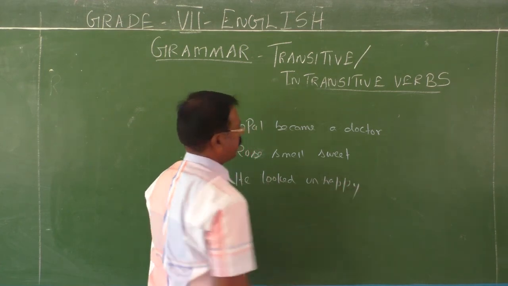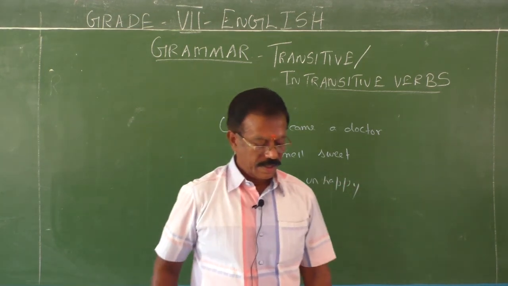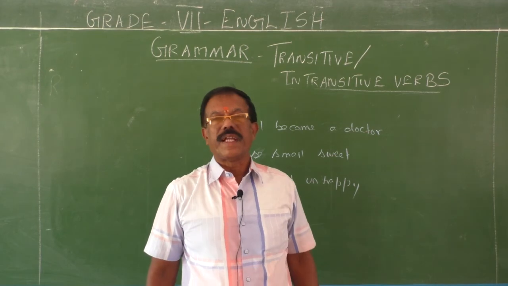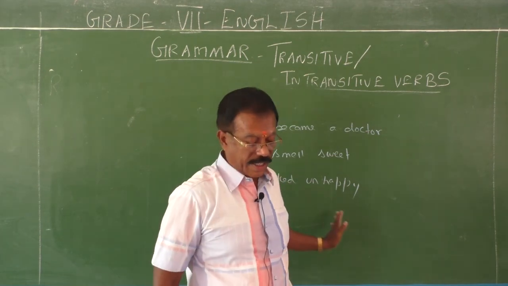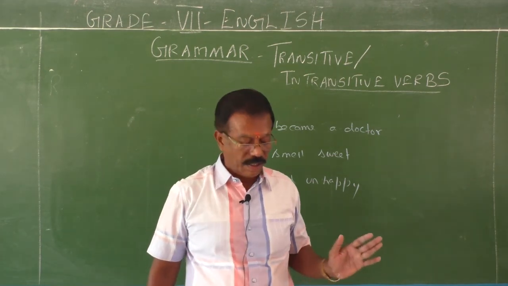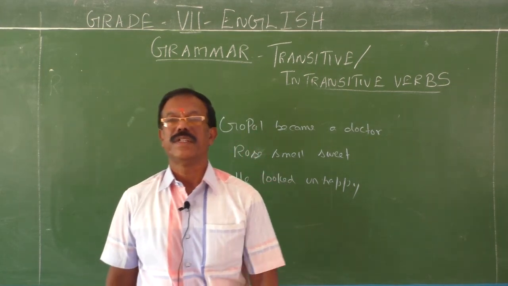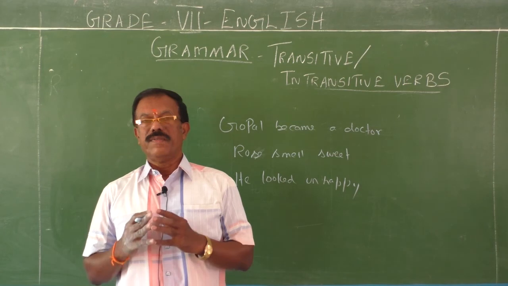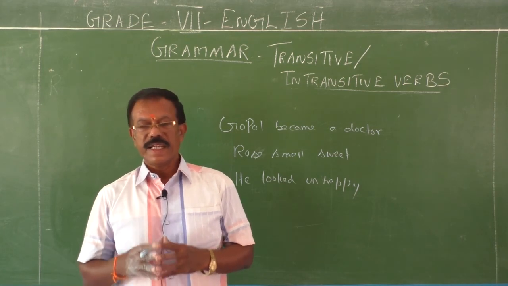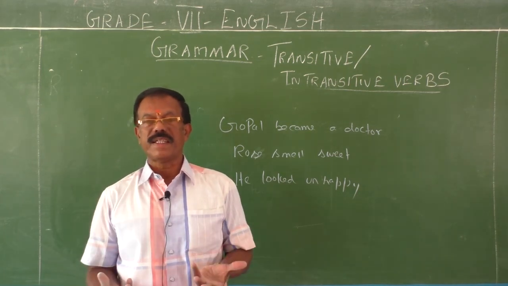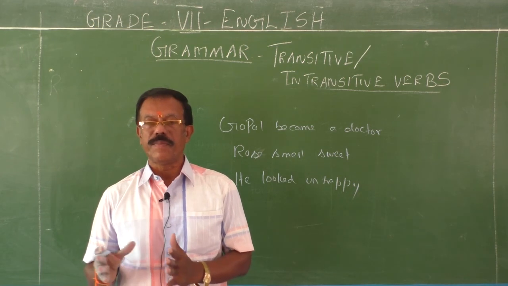All are intransitive verbs. These intransitive verbs require something to complete the sense. Therefore, they are called intransitive verbs of incomplete predication. Generally, it is called verb of incomplete predication. Therefore, a verb that requires something to complete the sense is called verb of incomplete predication.